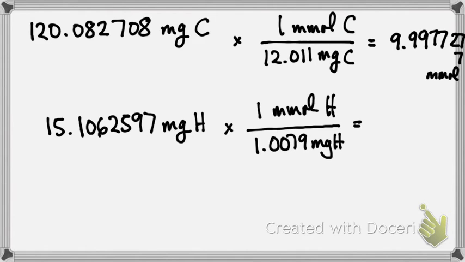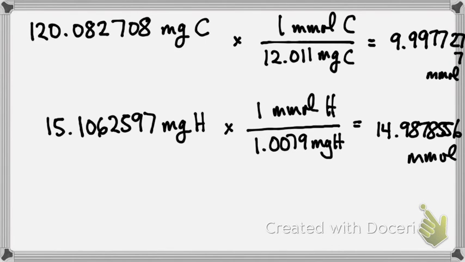Same logic that we used for carbon. So 15.1062597 divided by 1.0079 is 14.98785556 millimoles.